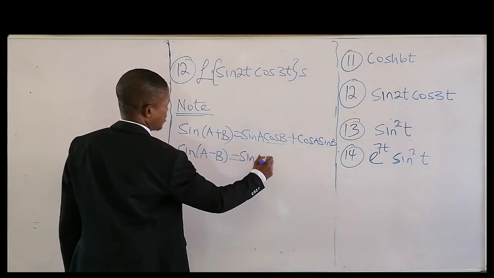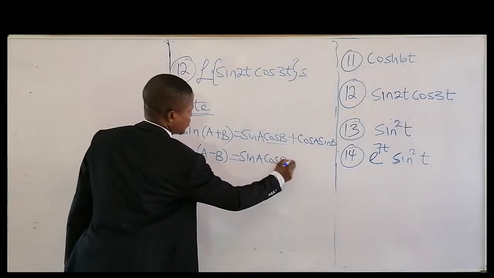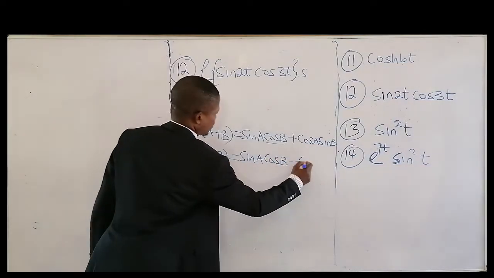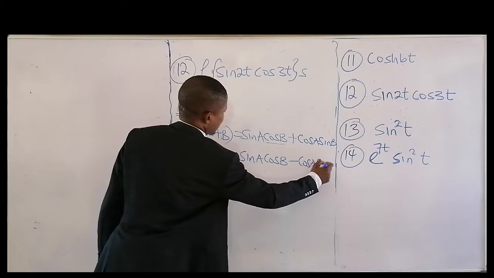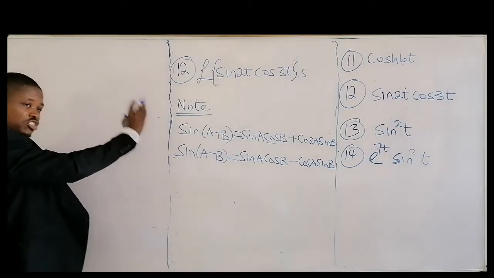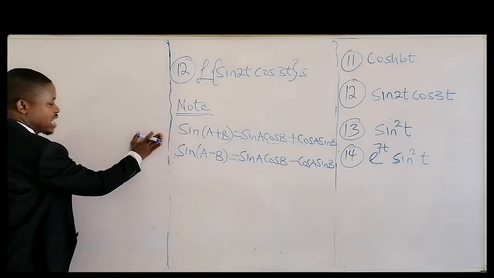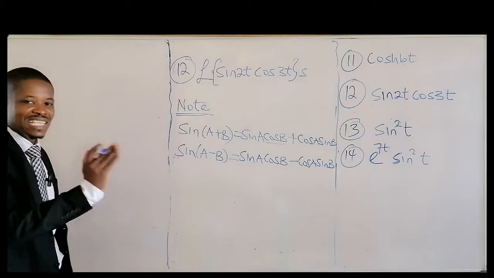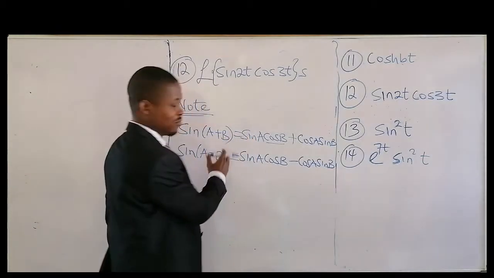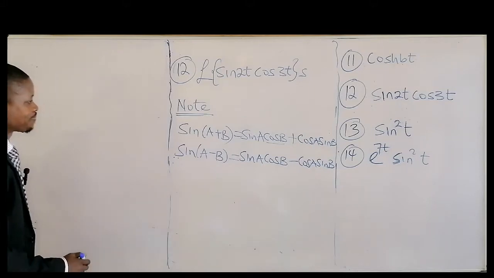Sine a cos b, then minus cos a sine b. It's just trig identity. I also put the link to the addition formulae under trigonometry. There's a video whereby I explain in depth these addition formulae. I'll also put the link on this video.